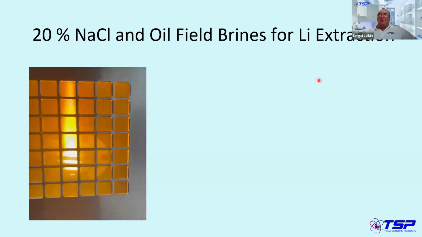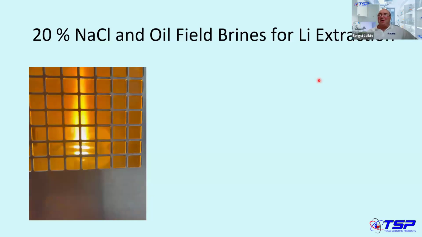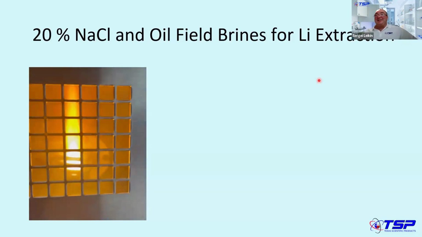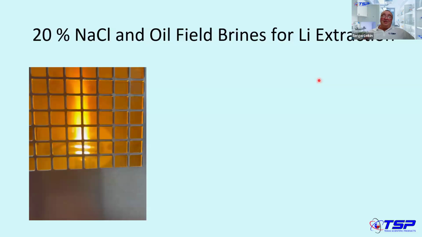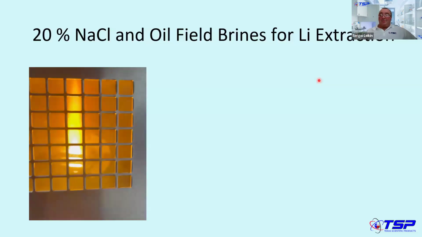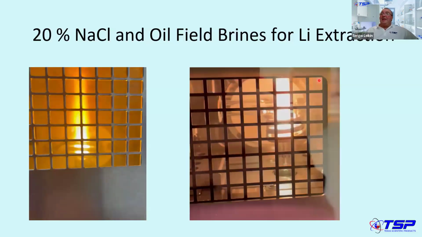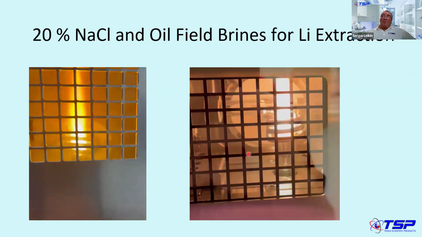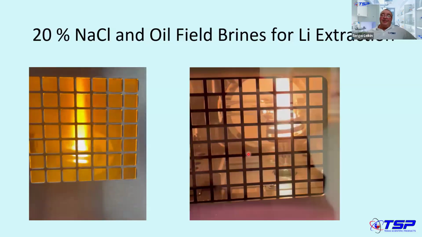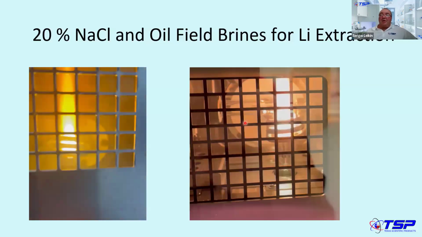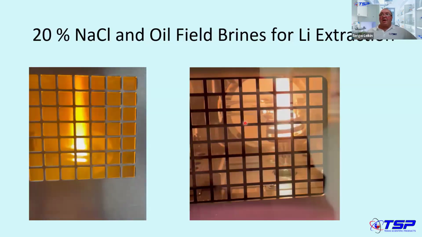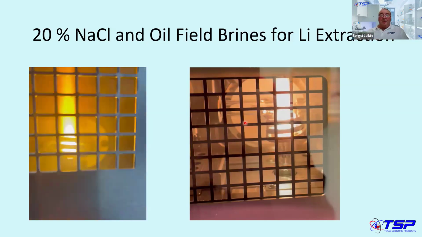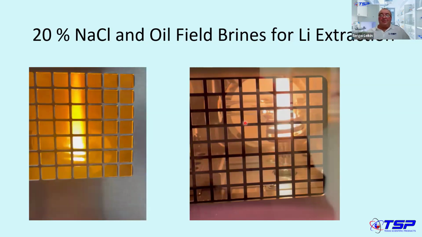The plasma turns pretty nice colors, right? But in addition to these colors, what's happening there? And here is a picture for comparison that looks similar. This is an oil field brine used for lithium extraction, so it's also loaded with a lot of salts.